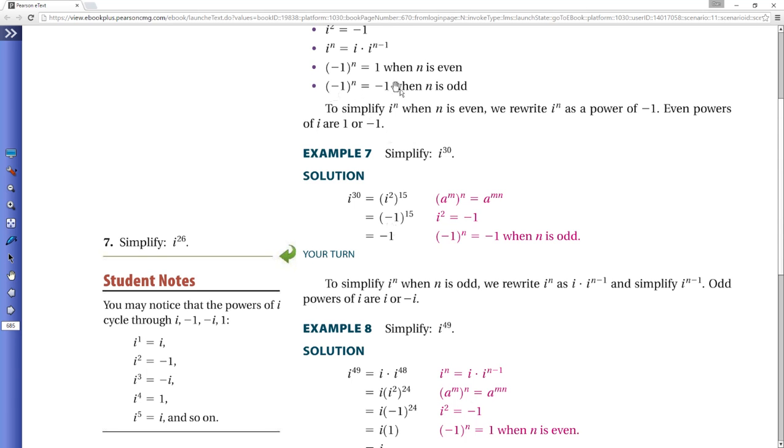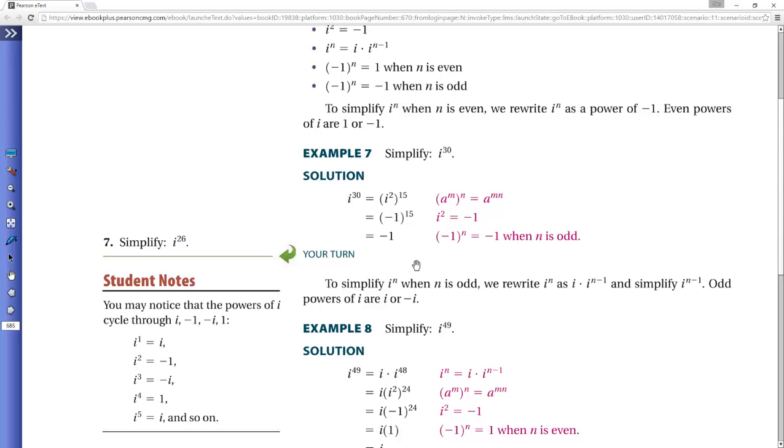Now, that's why they reminded us about this even and odd thing. -1 to the 15th power is an odd amount. Every pair of -1 times -1 is a +1. So if I have pairs, even numbers of factors, right?